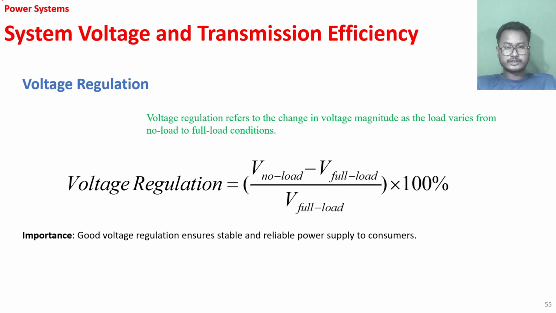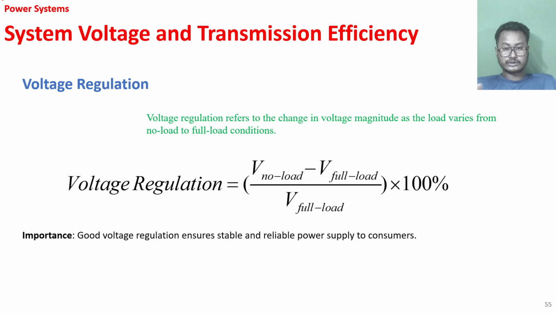Voltage regulation. Voltage regulation refers to the change in voltage magnitude as the load varies from no load to full load conditions. At first, no load, then when it becomes full load, between this duration, the voltage magnitude changes. That is called voltage regulation.